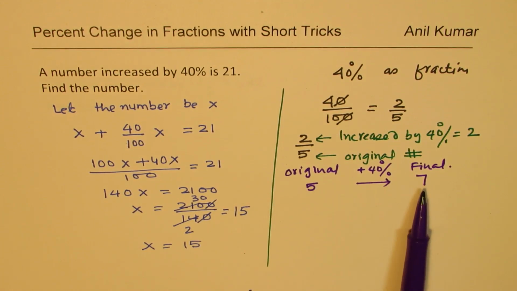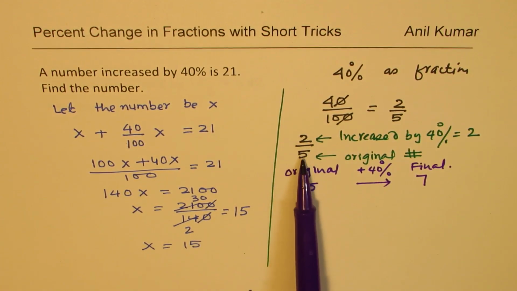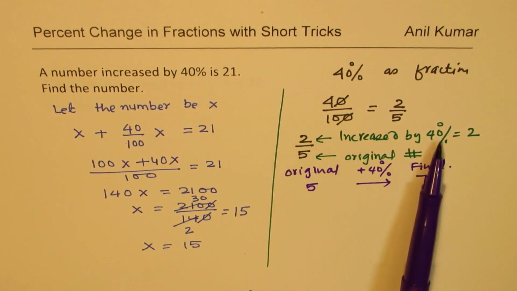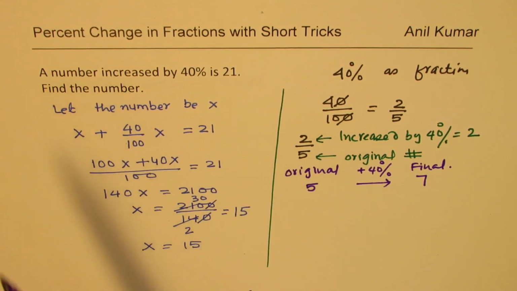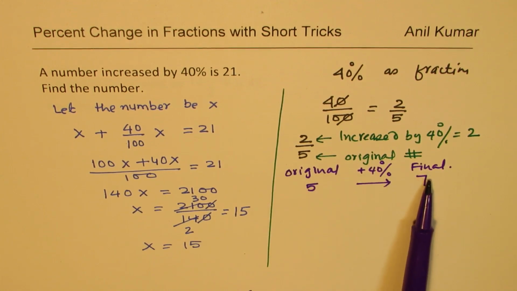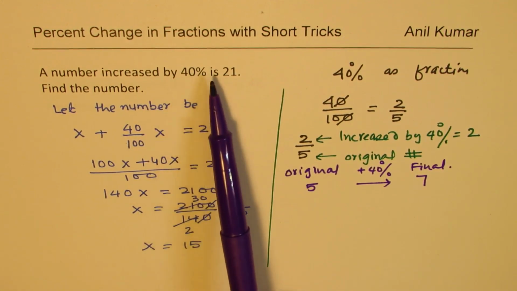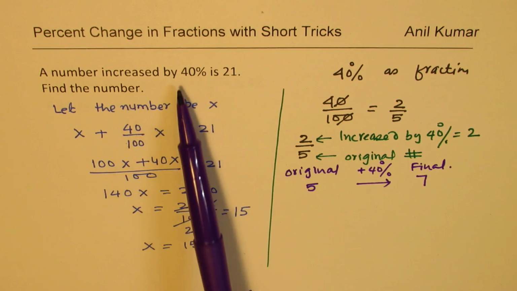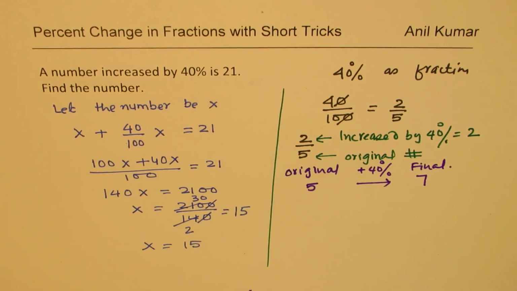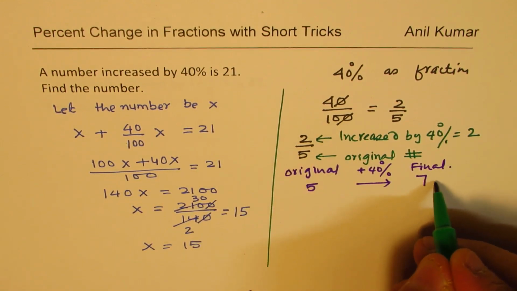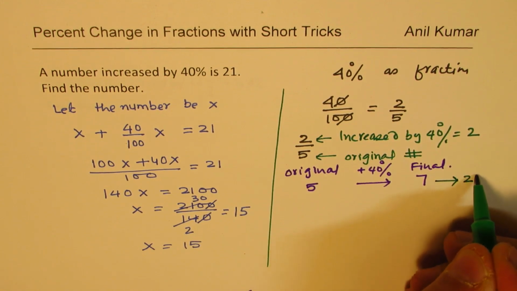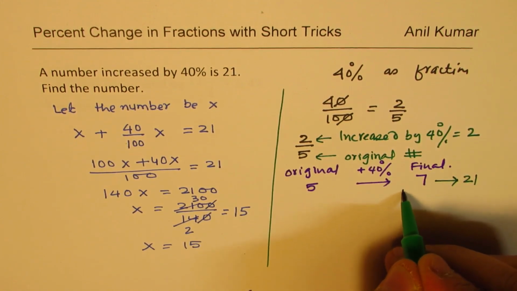Is that concept clear? So that is what this fraction is telling you. If 5 is your original number, then 2 denotes increase by 40%. In this case, increase, right? And we are saying that this increase by 40% is 21. We are saying this 7 is basically 21. So we say this is increased by 7 units.